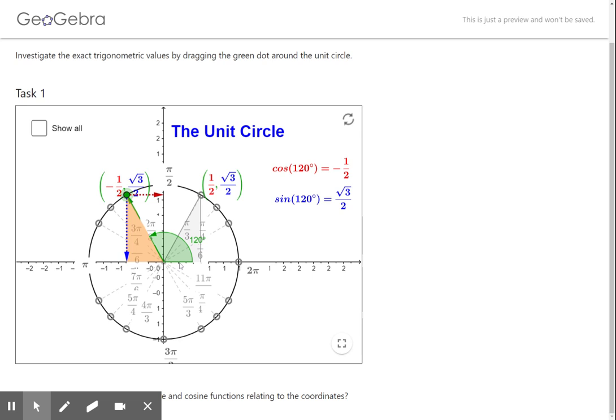So that's the first thing we notice. And we also have a shaded way to show the 60-degree angle here. And there's a connection here that is pretty obvious.